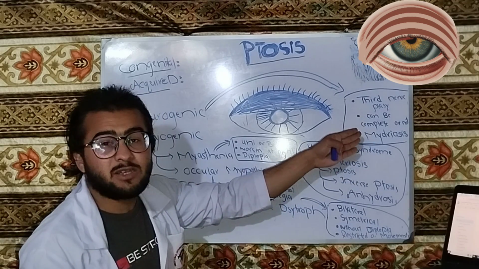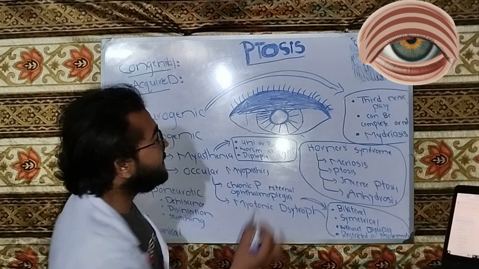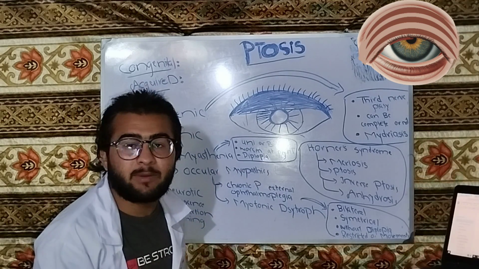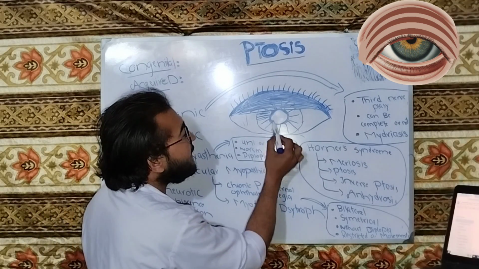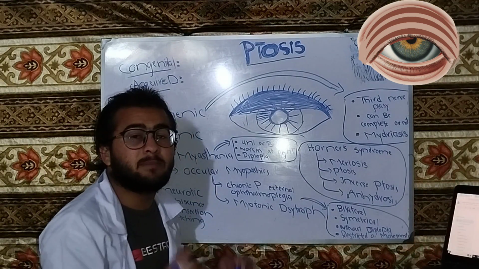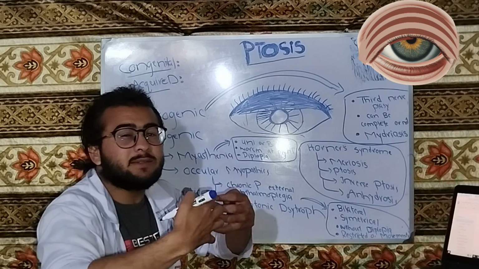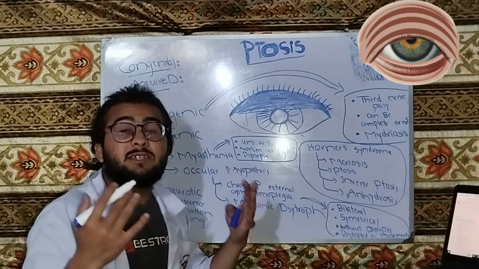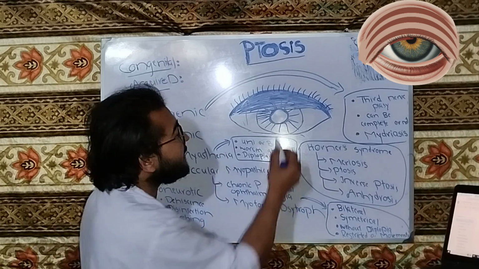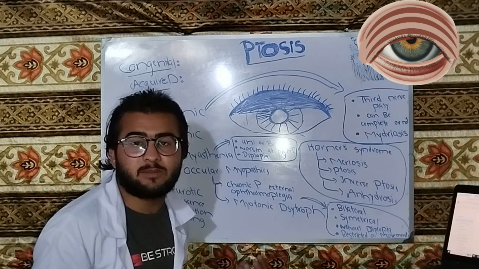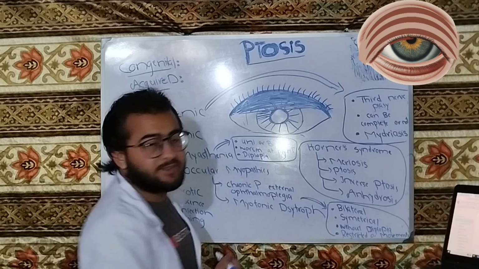When there is damage to the third nerve, the sphincter pupillae muscle cannot oppose the action of the dilator muscle, and it will cause mydriasis.